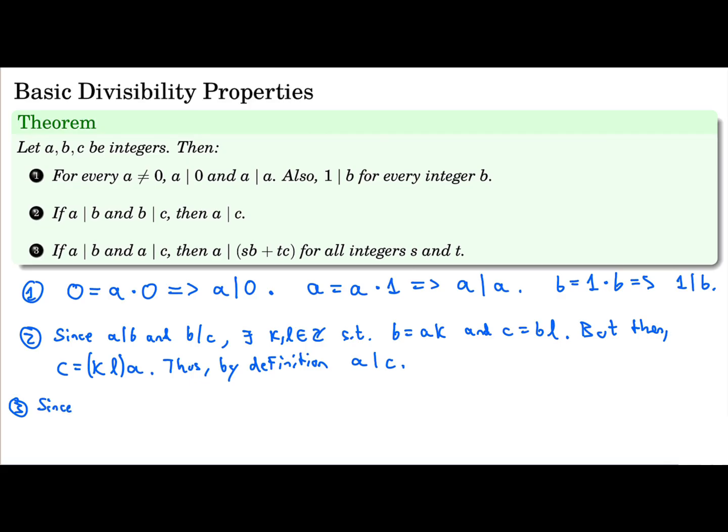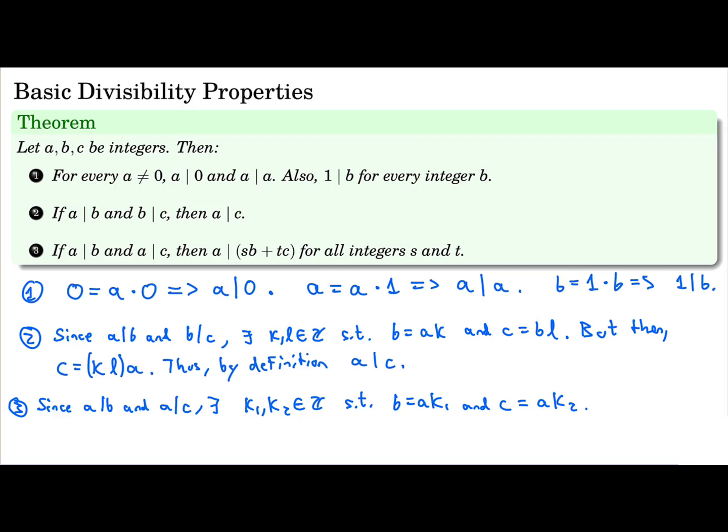Since a divides b and a divides c, there exist integers k1 and k2 such that b is equal to a k1 and c is equal to a k2.